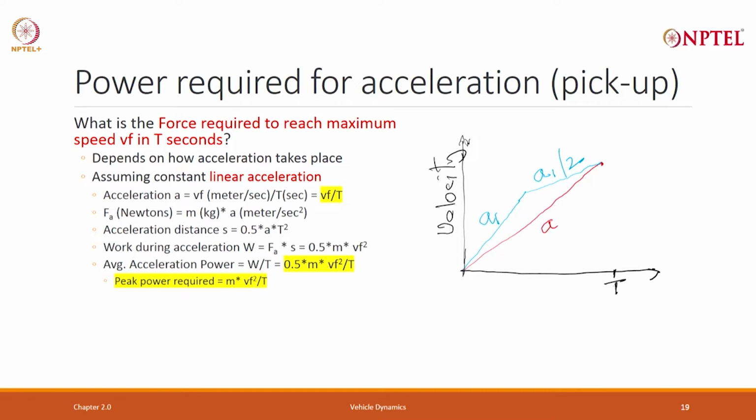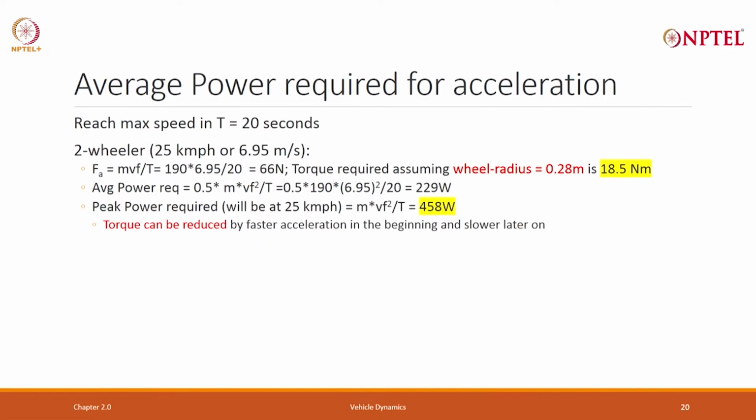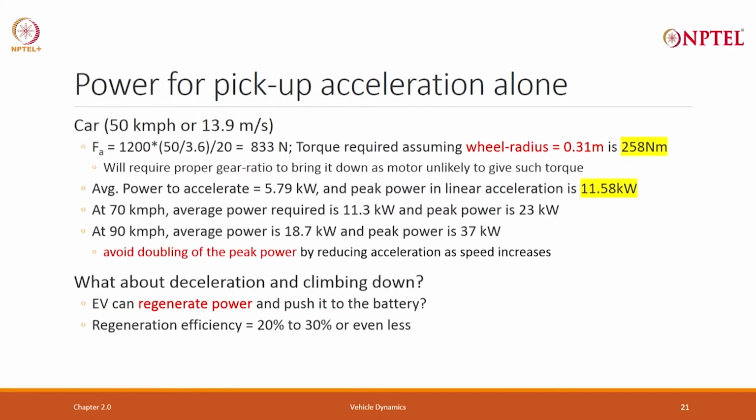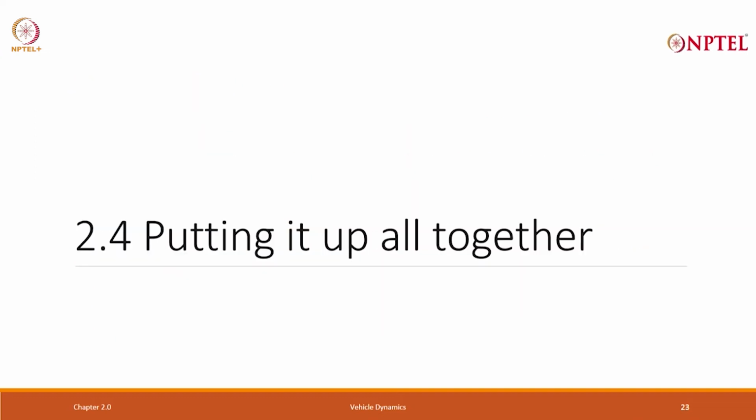And we had computed and given an assignment that the peak power consumed, if I follow this approach, is only 2/3 of the peak power that is used if you follow the other approach. We will get into more of this later on, but for the time being I think we will just leave it, and the next section I said I am going to talk about is putting it all together. When you put it all together, how does it look?